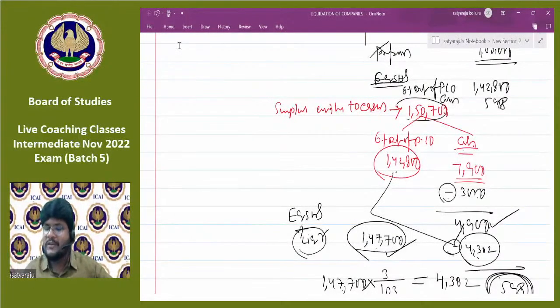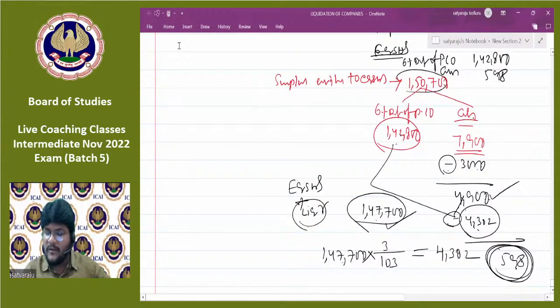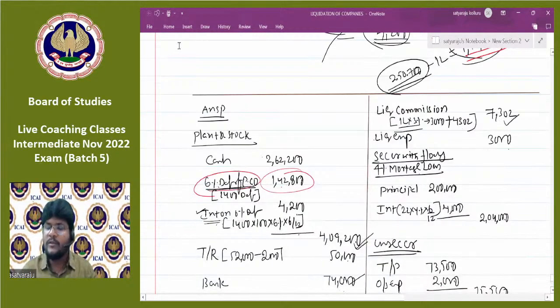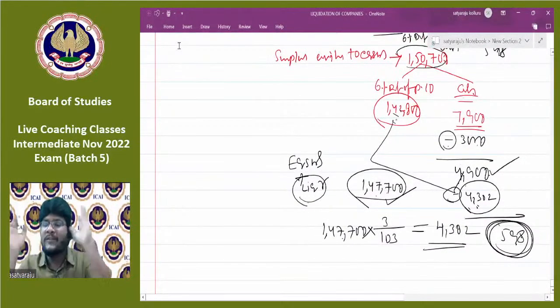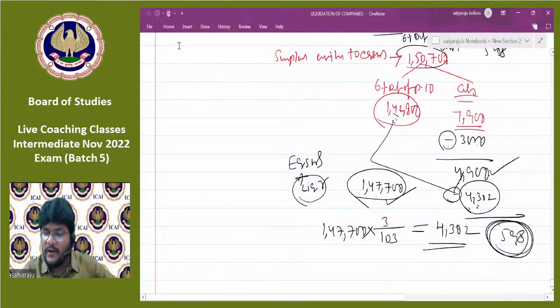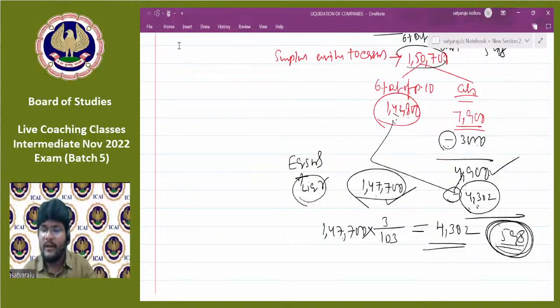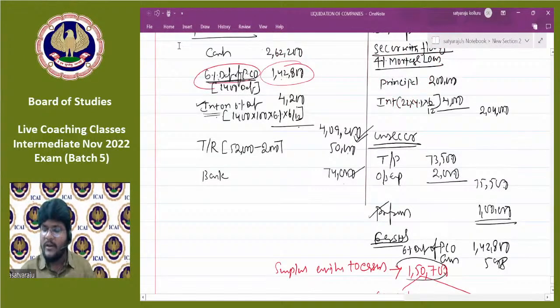Now you can find the second liquidator remuneration: 1,47,700 is the total availability multiplied by 3 by 103. Then 4,302 is the liquidator remuneration. Now the total liquidator remuneration will be 7,302. The amount available exclusively for equity shareholders is 1,42,800 worth of 6% debentures and the remaining 598 cash balance, which you can provide to the equity shareholders equally, because there is only one class of equity shares here. There is no other class possible.